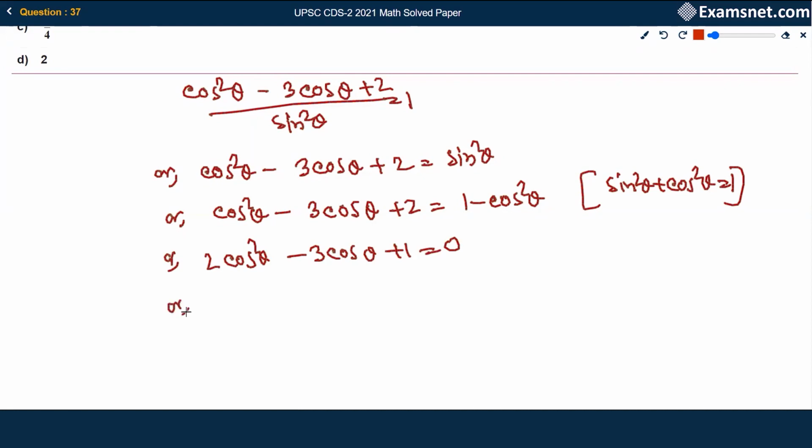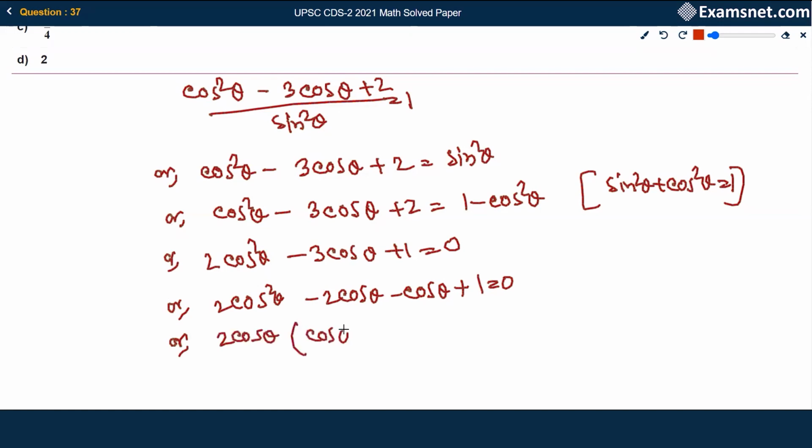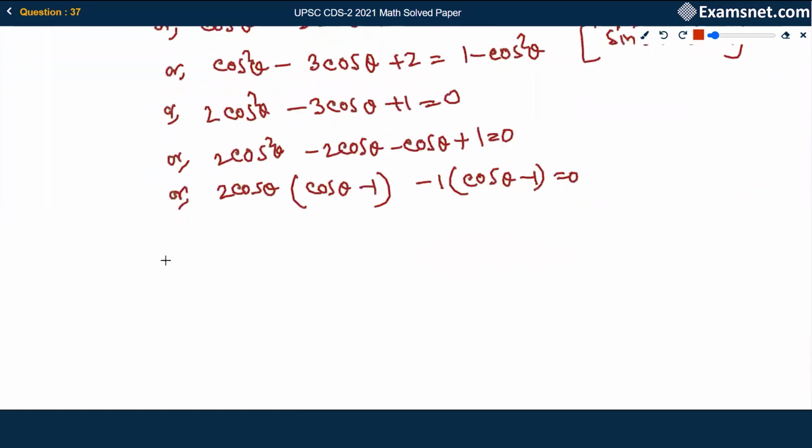After splitting the middle term, the factors will be cos theta minus 1 and 2 cos theta minus 1.